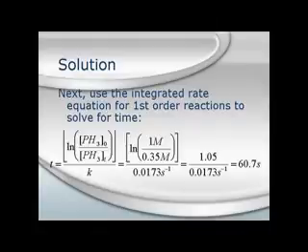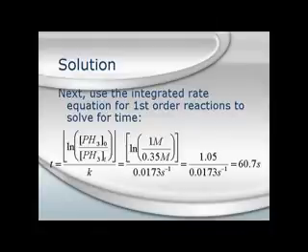Now, this equation on your slide looks really difficult, but if you examine it step by step, it is not. We've rearranged the equation to isolate time. So on top in this ratio, we have the natural log of our initial concentration of PH3 over our concentration at time t of PH3, and then that will be divided by our rate constant K. So it's the natural log of 1 mole per liter divided by 0.35 moles per liter, and then the natural log of that ratio divided by 0.0173 per second, or seconds to the negative 1.